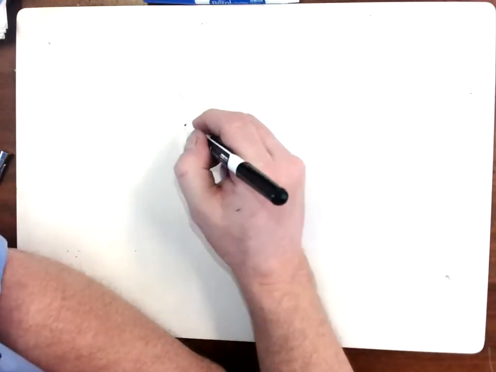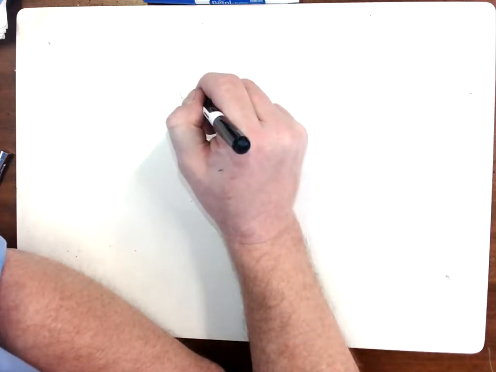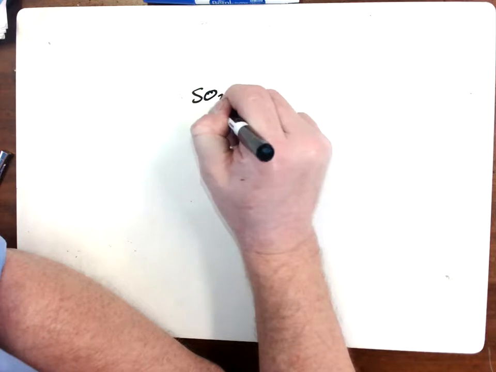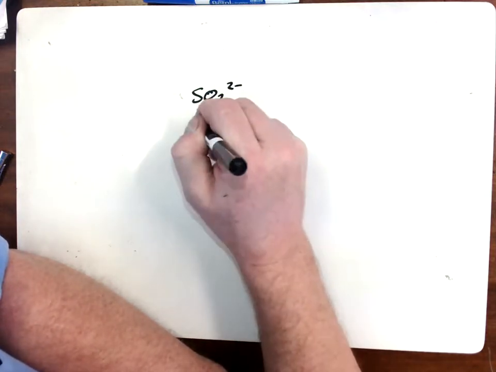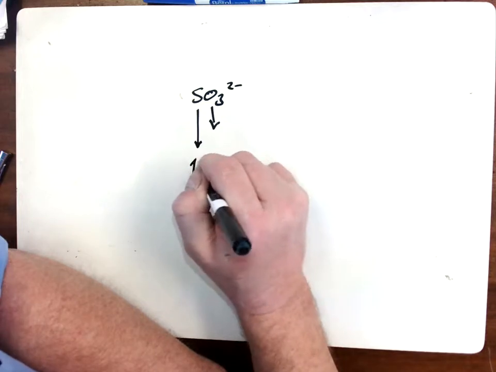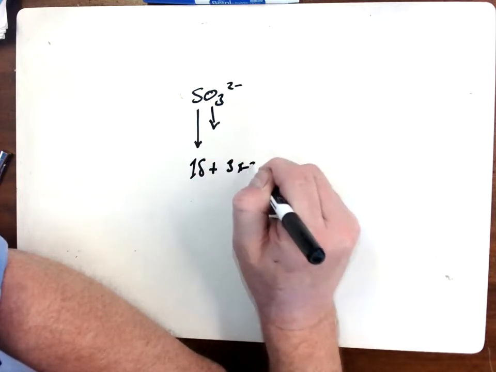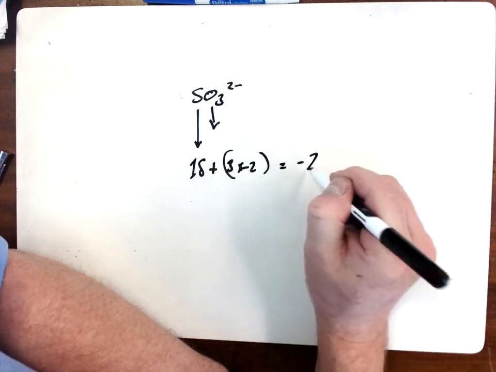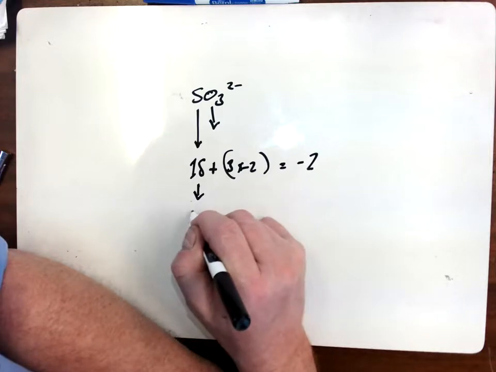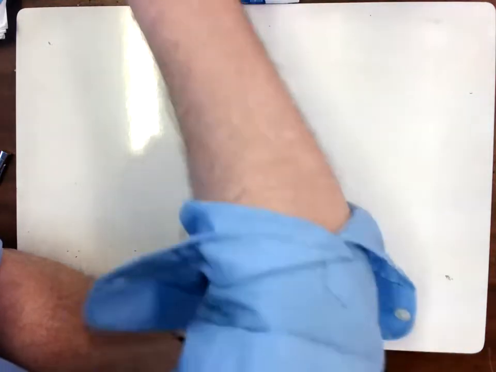If we then had a look at, let's say, a sulfite, SO3 2-, just to show that sulfur can have variable oxidation states. So 1 sulfur, plus 3 oxygens, each of which is -2, equals the charge of -2. So this time sulfur must be in its +4 oxidation state.